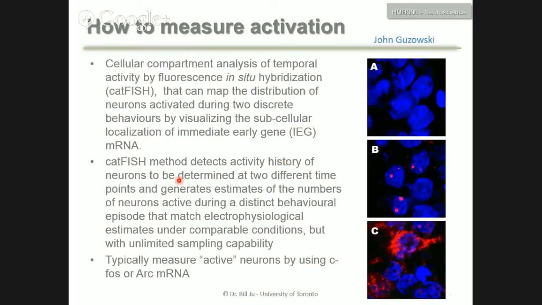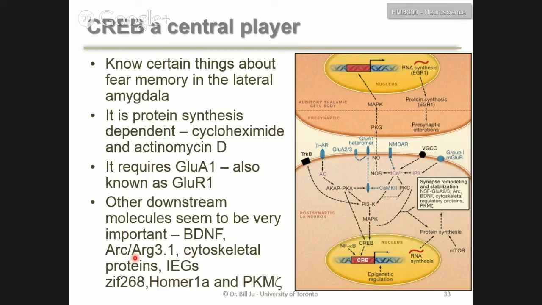So this CatFISH method actually detects the activity of different neurons being turned on. It will tell you when neurons are being turned on, and it'll tell you which neurons are being turned on. So for example, in this particular case, the one molecule that we're measuring is ARC. As I mentioned to you before, ARC or Arg3.1 is the same immediate early gene.